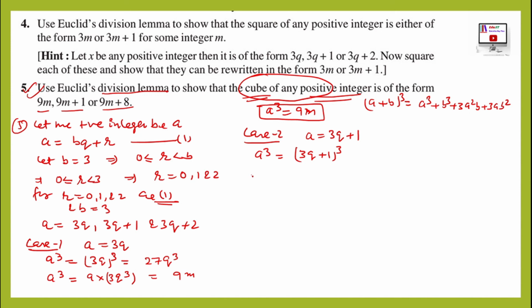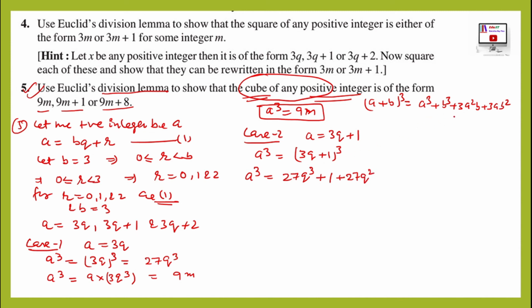So a cube now will be a cube, means (3q) cube, means 27q cube, plus b cube, means 1 cube is 1, plus 3a square, means 3 into (3q) square. So 3 into 3 square is 9, means 27, and q square will also come, into b.